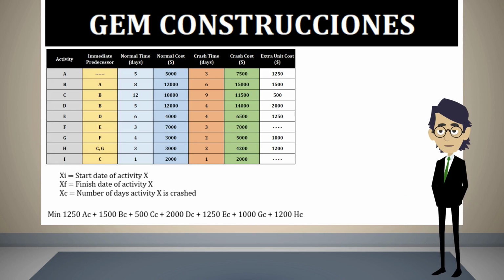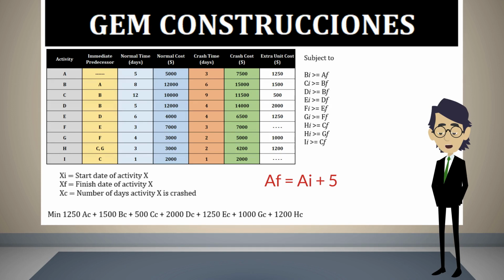This objective function must be subject to the following constraints. The start constraints are the same as before. But in the finish constraints, we must now take into account the time the activity can be crashed. For instance, in activity A, its finish time must be equal to the start time plus the duration of the activity.